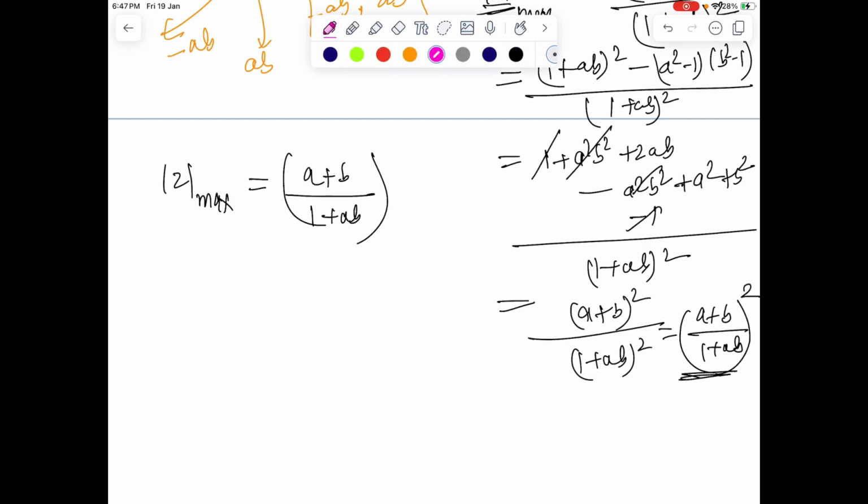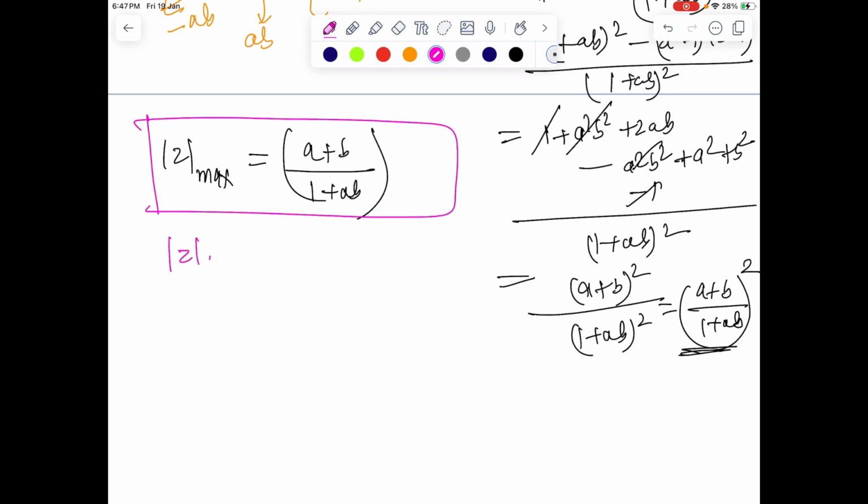Similarly, we can find the minimum. So mod z minimum, the value that you are getting.